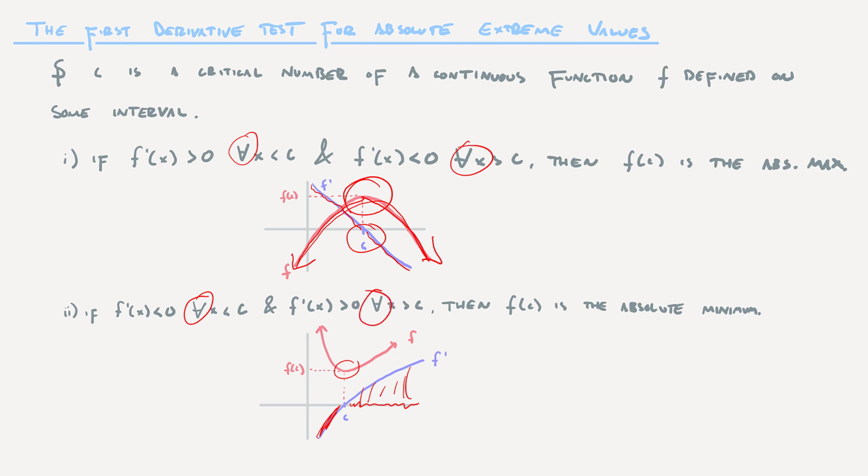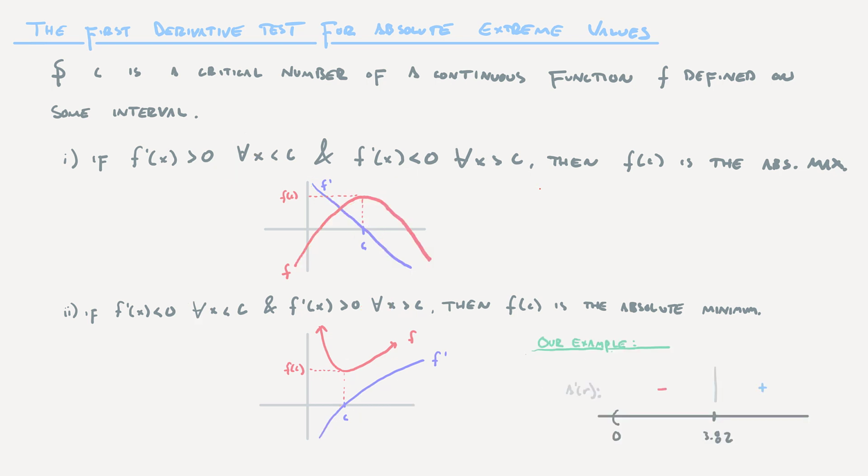That means for all. So for all x less than c, and f prime of x greater than 0, and f prime of x less than 0 for all x greater than c. That's how I would read that statement right there.